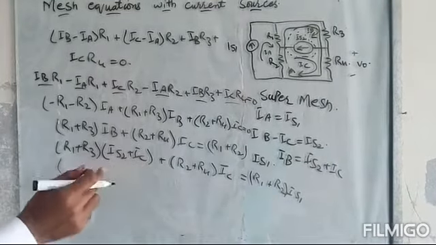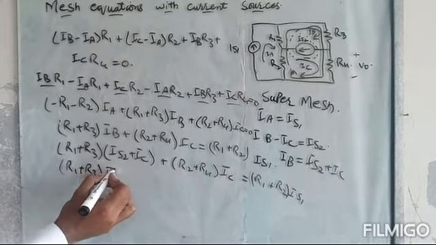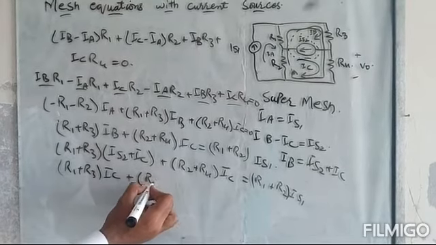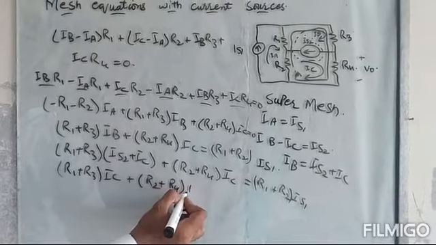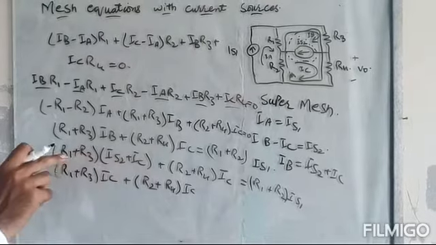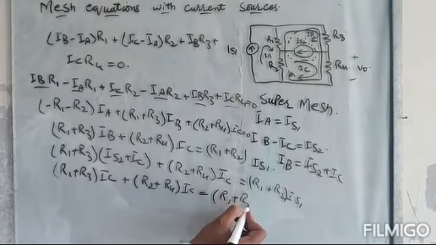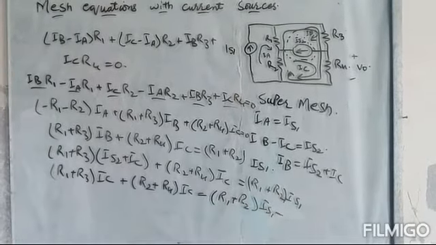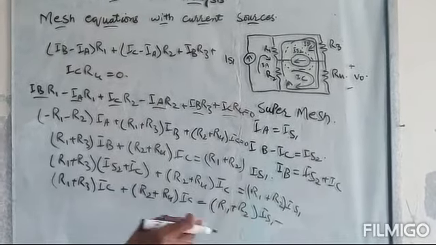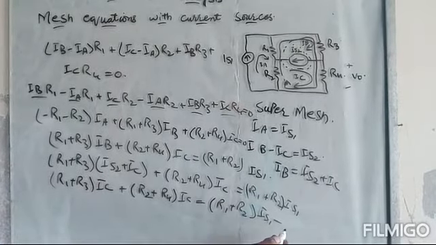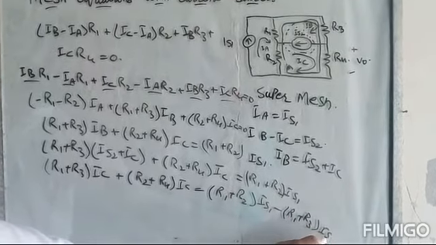We will open this bracket. R1 plus R3 multiplied by IC, plus R2 plus R4 multiplied by IC. And when we multiply IS2 with R1 plus R3, I am writing this on the other side: R1 plus R2 IS1 minus R1 plus R3 multiplied by IS2.